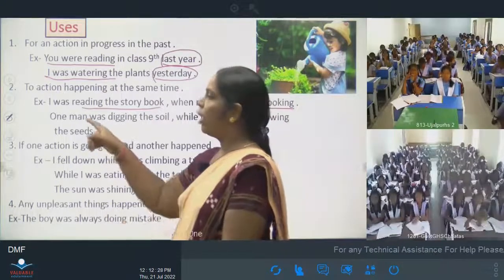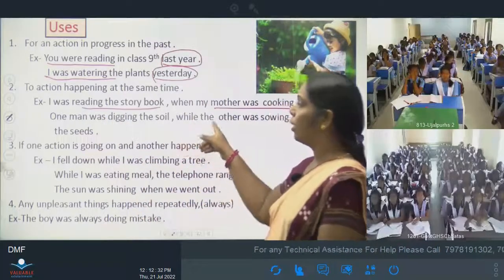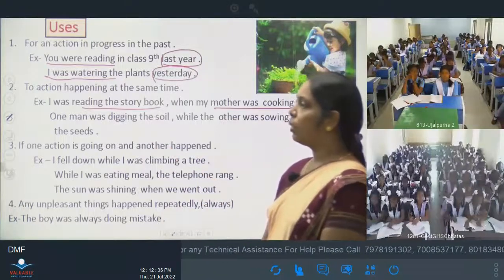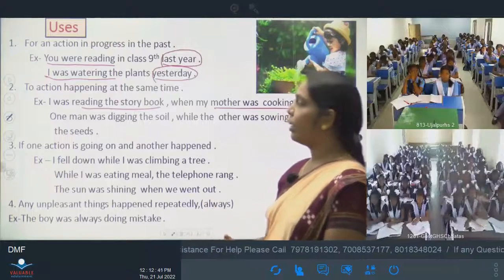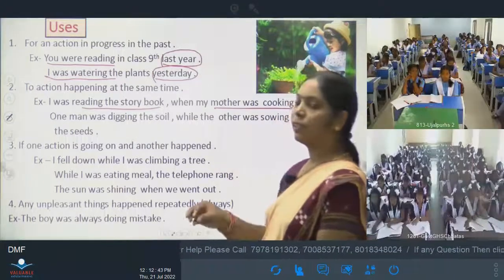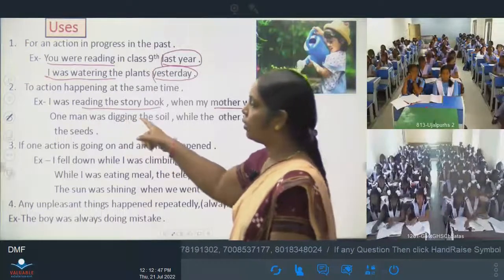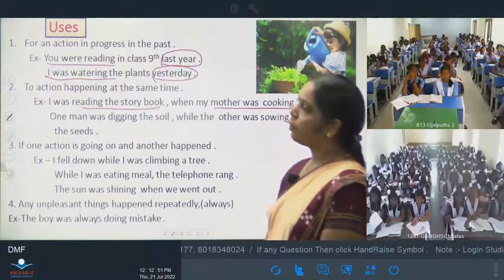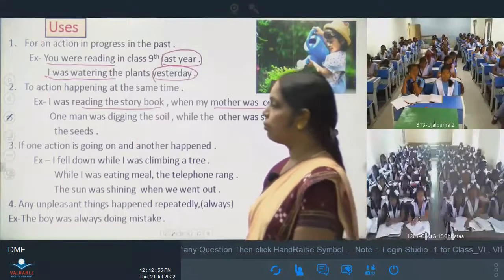You see here, one man was digging the soil while the other was sowing the seeds. ଗୋଟିଏ ଲୋକ ମାଟିକୁ କୋଡ଼ି ଚାଲୁଥିଲା ବେଳେ ଆଉ ଗୋଟିଏ ଲୋକ ସେଥିରେ ମଞ୍ଜି ବୁଣୁଥିଲା। ତ ଆମେ ସେଥିପାଇଁ ୟୁଜ୍ କଲେ ଏଠି past progressive tense.